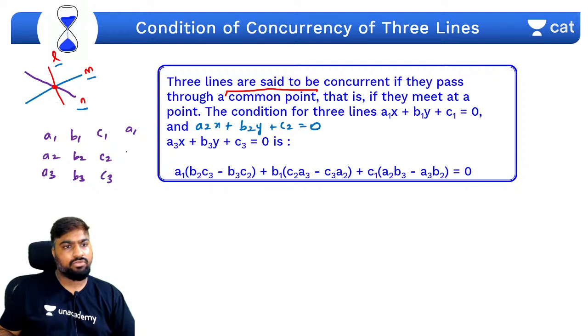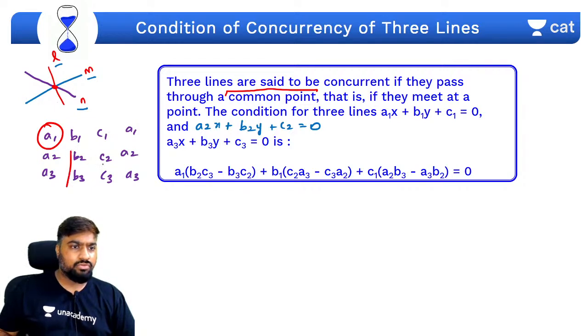Then if I take a1 out common and take the determinant of this, b2 c3 minus c2 b3, plus if b1 is the multiplier, then I would take these 2, c2 a3 and c3 a2.